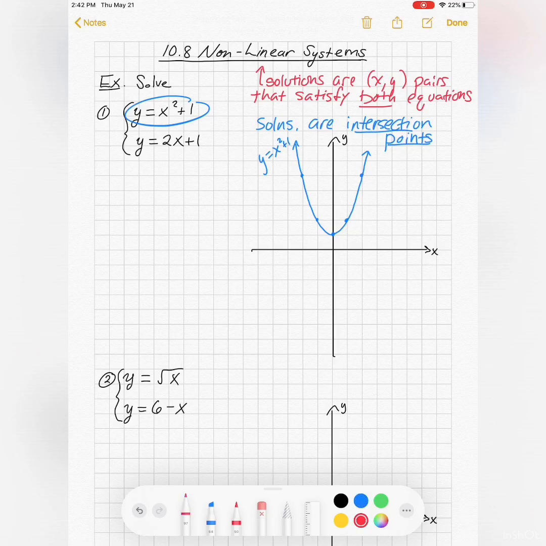Let me graph the line. Okay, so that's a line, y-intercept of 1, slope of 2. So 0, 1, then up 2, right 1, up 2, right 1.